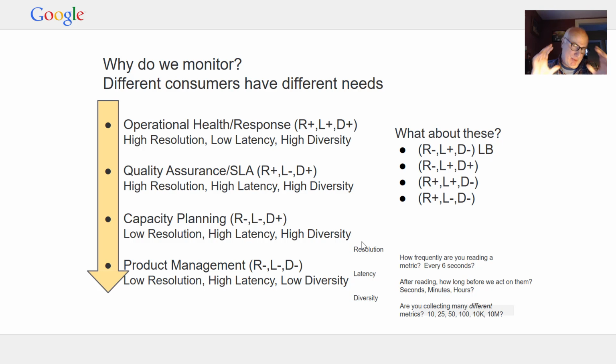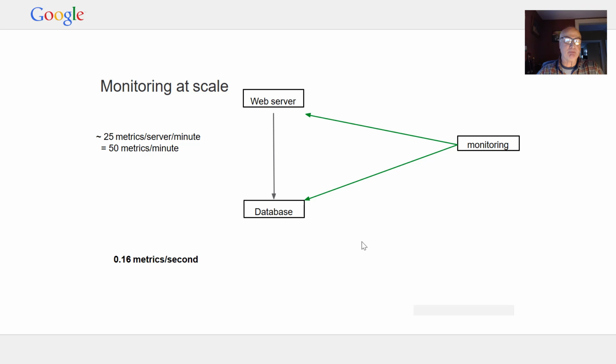So we have different consumers of the metrics that we gather. Now, the problem is that we're the ones that gather all of this stuff. Monitoring is something that ops people do. Because we do it for lots of different groups, we have to find out what their desires are so that we can gather the information that they want, store it, make it available, all that kind of stuff.